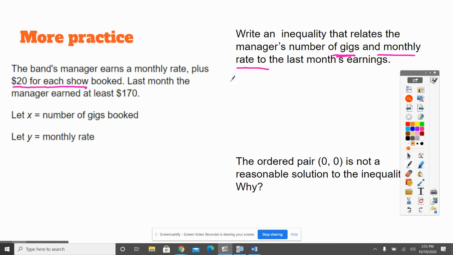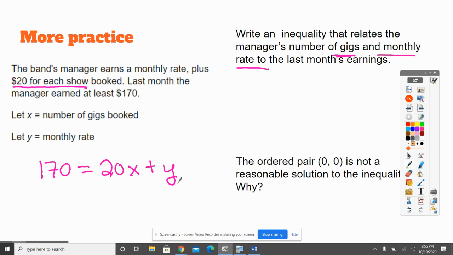Okay, so last month they made $170. So they make $20 per gig. So 170 equals 20 per gig, which is x, plus the monthly rate. Now that y is not changing, I probably would have just found the initial condition if I could, but it doesn't look like they give me enough.